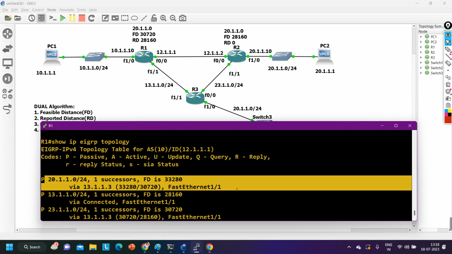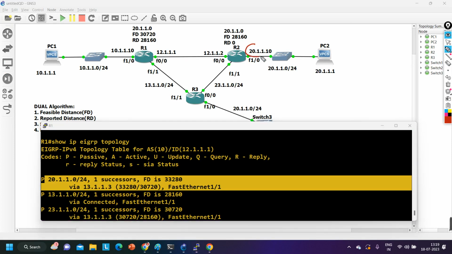Done. 20 network. Now you tell me how many hops this network is away from router number 1? 2 hops. Router 2 and router 3.